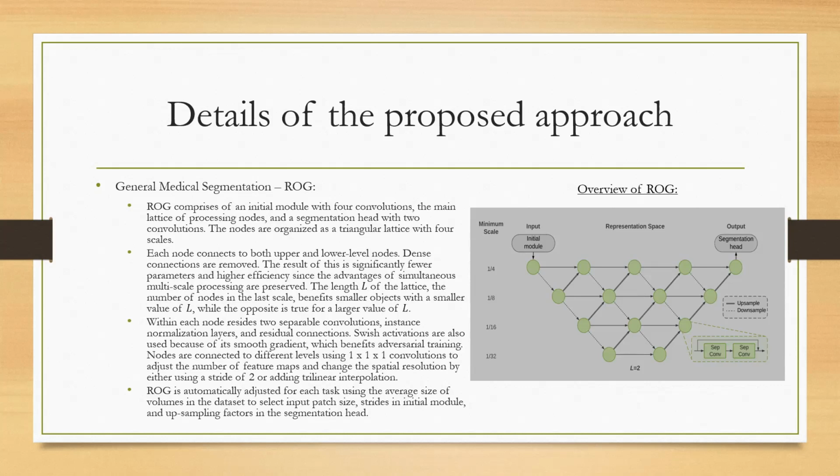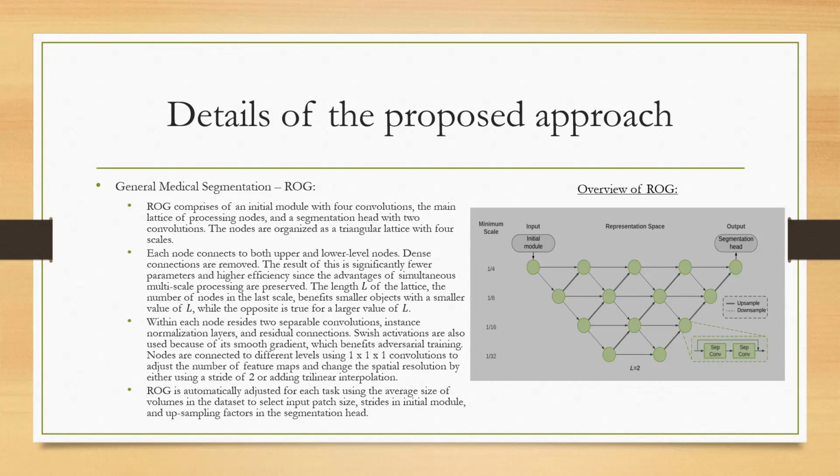And we can see that L parameter, where it says L equals 2. This L parameter actually represents the number of nodes in the last scale. The authors observed that smaller values of L benefited smaller objects, whereas larger values of L benefited larger objects.